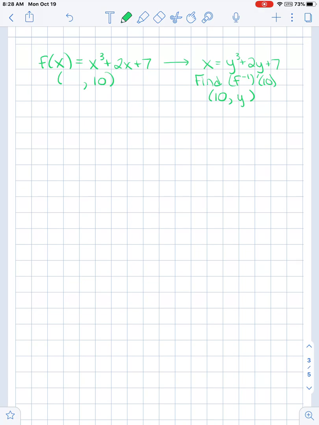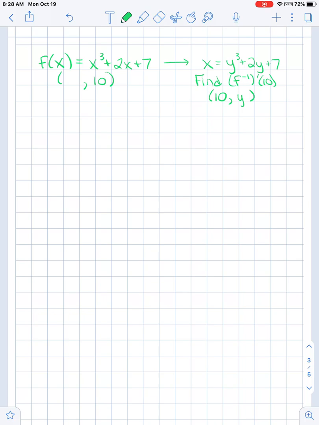So if we can find the x-coordinate that will make the y value 10, that's going to make this problem very easy, because the x's and the y's are switched. If 10 was the input for the inverse, 10 is going to be the output for the original.